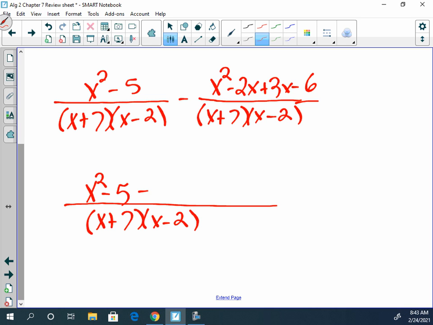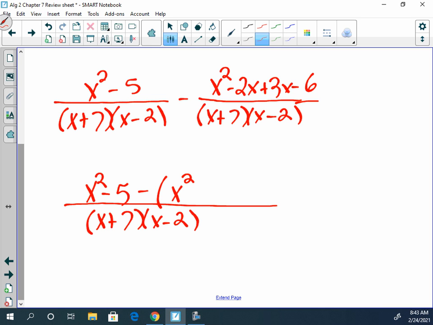I'm going to be a little bit lazy, and I'm going to go on and write them all in the same fraction. But we need to use parentheses if we're going to do this, because again, that negative has to travel through all the terms of the second one, because we're subtracting it. So we'll put parentheses around it just so we remember. We have x squared.